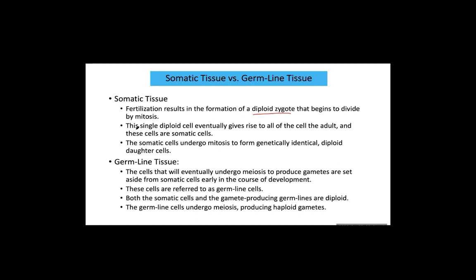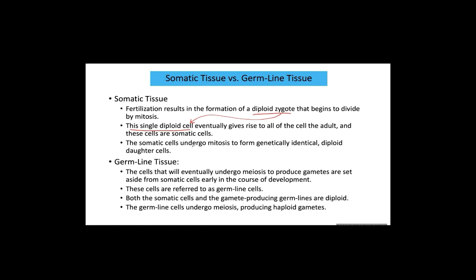This single diploid cell, which means what? Zygote. This zygote eventually gives rise to all of the cells of your body, and these cells are called somatic cells, or non-reproductive cells.